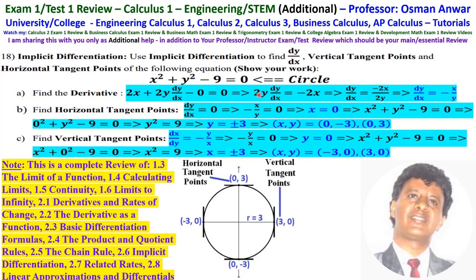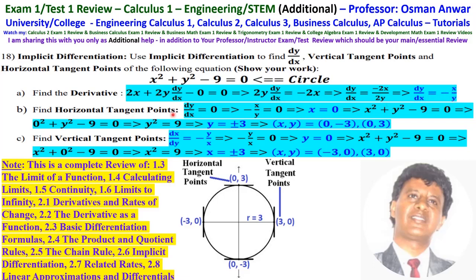Then this is 2y dy by dx equals minus 2x. That means dy by dx is minus 2x over 2y, which is dy by dx is minus x over y.